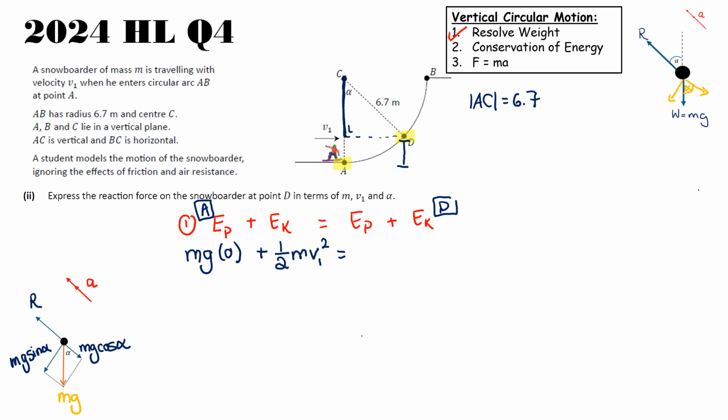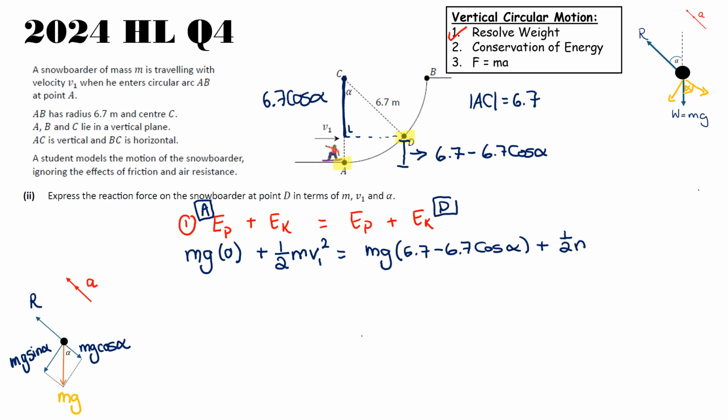So this here is 6.7 cos alpha. So we can write that in terms of alpha, which is what we want. So we can say this piece here is 6.7 take away 6.7 cos alpha. So that gives us mg, and our height 6.7 minus 6.7 cos alpha, plus kinetic energy, a half.